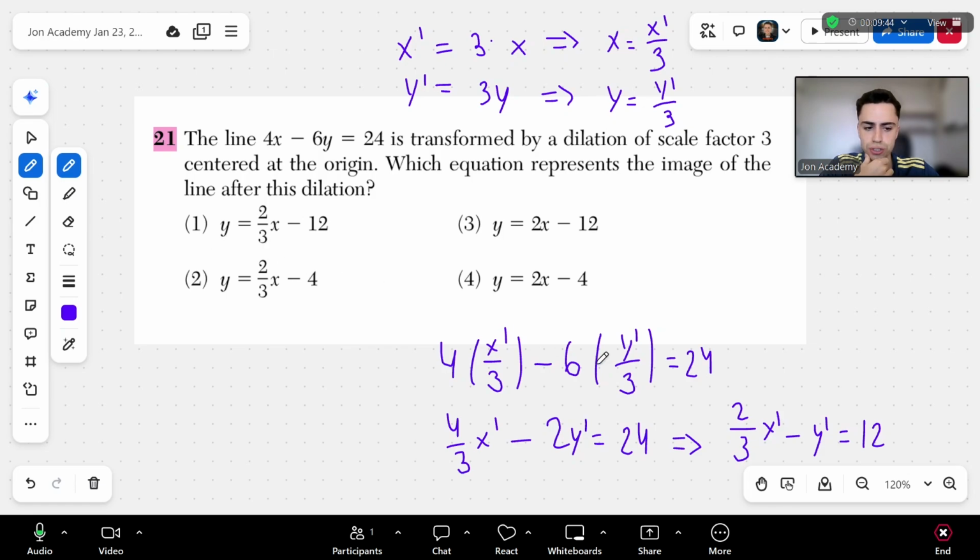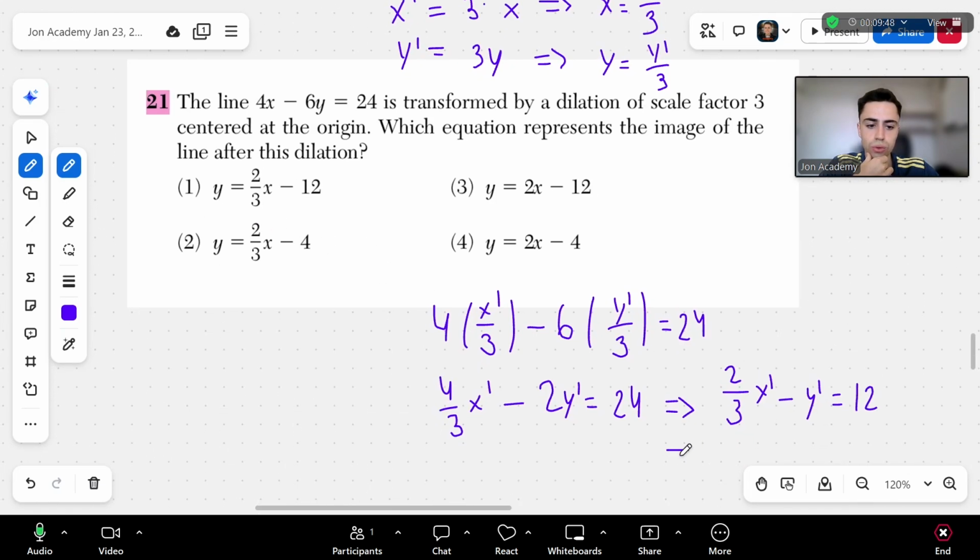The first option really looks very similar. We just need to rearrange the equation. So the y prime, we move it to the right, and the 2 thirds x prime we leave here, and minus 12 becomes negative. So it's going to be the first option there.